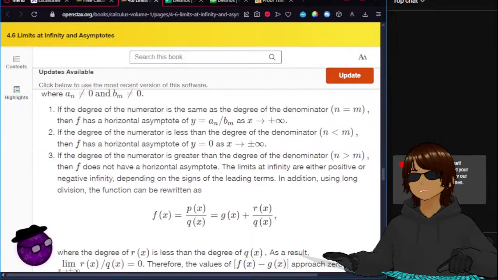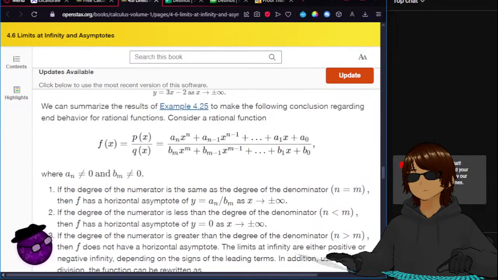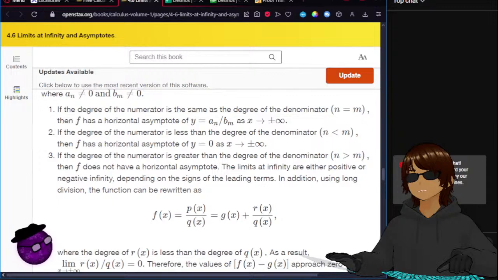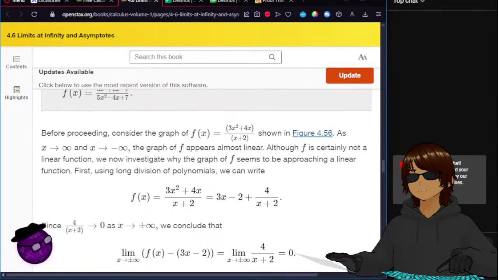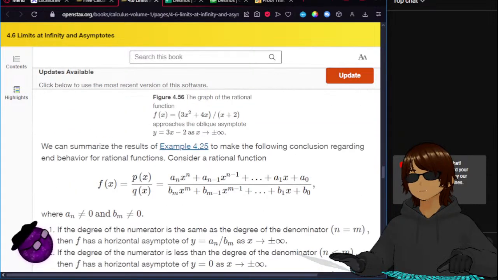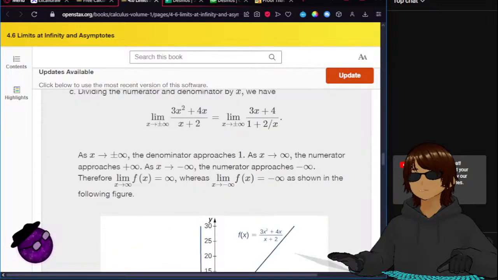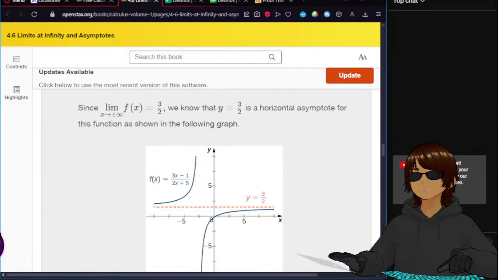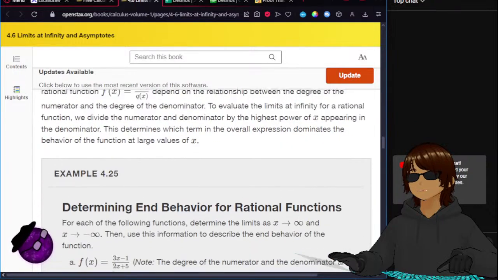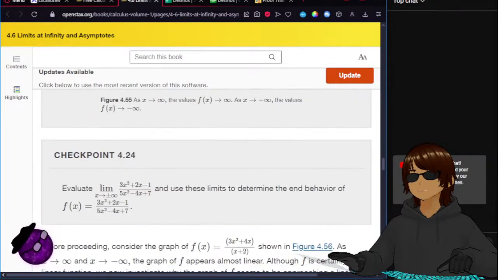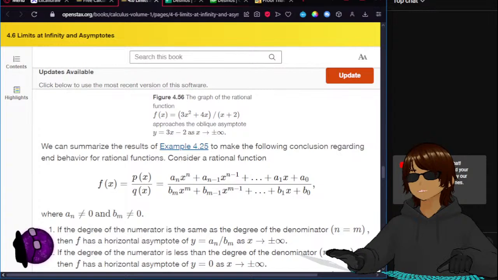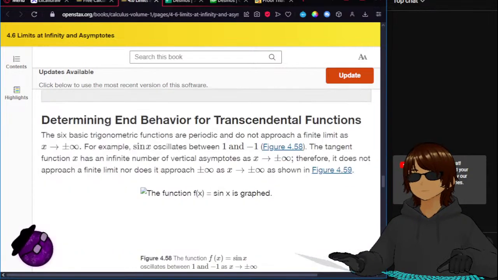What about vertical asymptotes like 1 over x? Unless you're figuring out end behavior, you're figuring out only about the horizontal asymptote, its limits at infinity. So it's not talking about vertical ones, right?